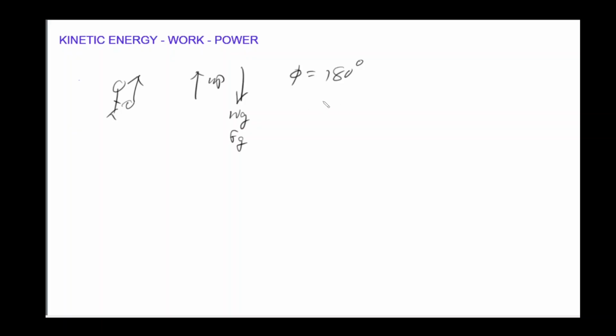So the work of gravity is equal to minus mgd, because the cosine of phi is minus 1. So you throw the ball up in the air, and gravity does work to slow it down.